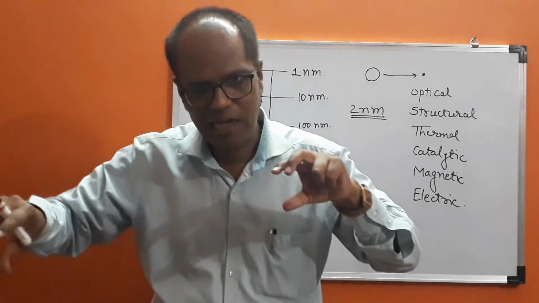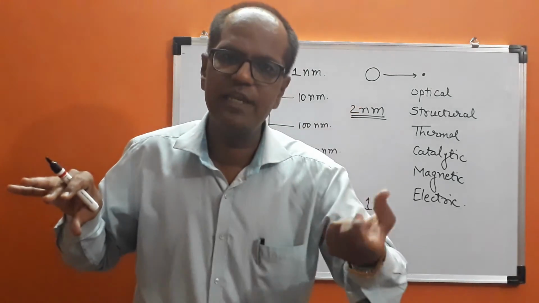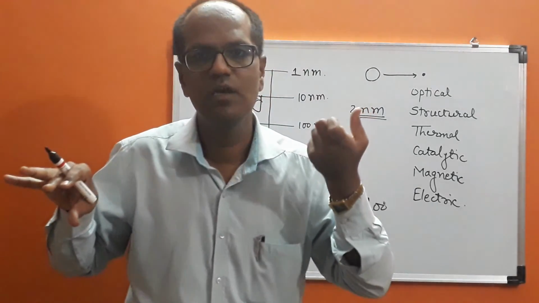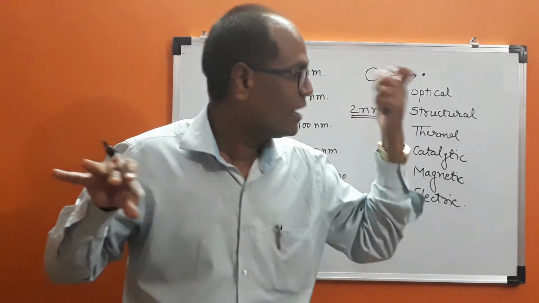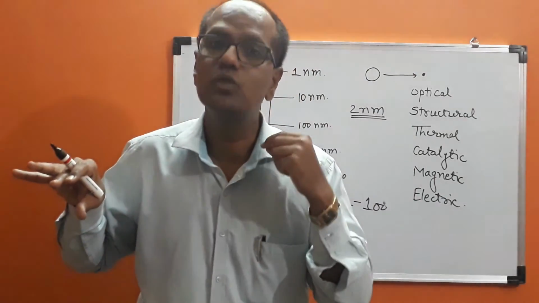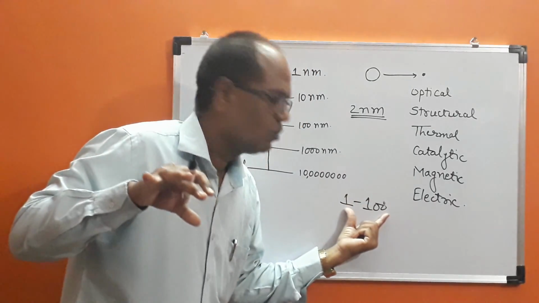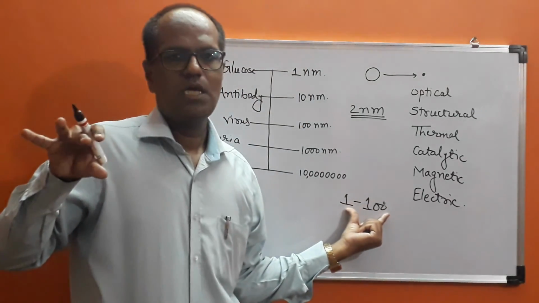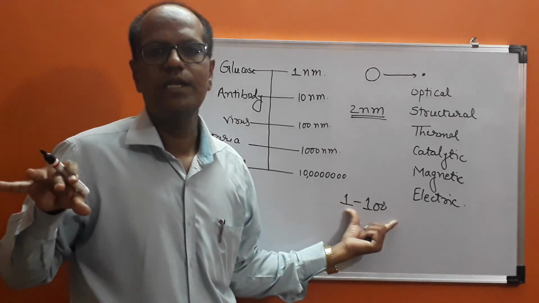Means bulk carbon has different properties and this nanomaterialized carbon has very different properties. In nanochemistry, we are going to study in detail the chemical substances having size between 1 to 100 nanometers.